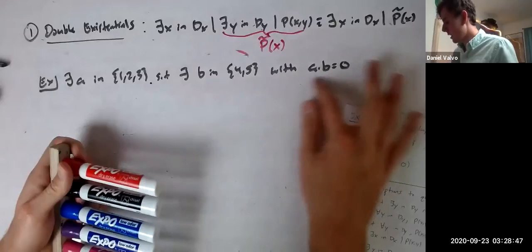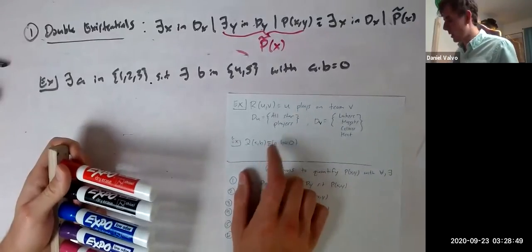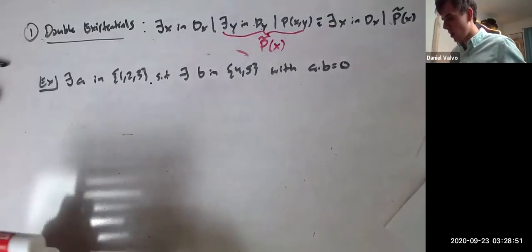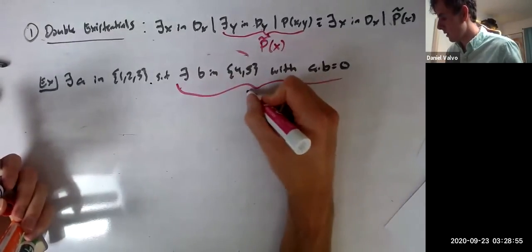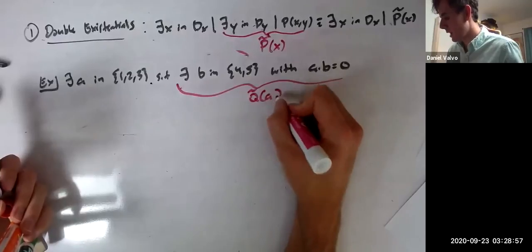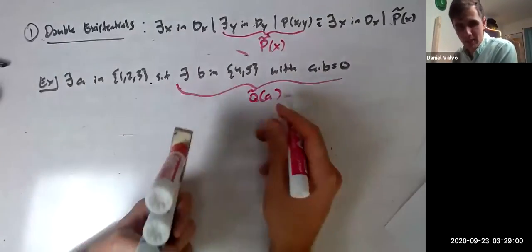So this right here, that's what we call the predicate Q of A, B. So I'm going to call this Q squiggly A. Whenever you plug A in, this is an existential statement.